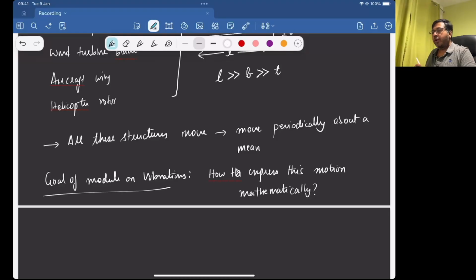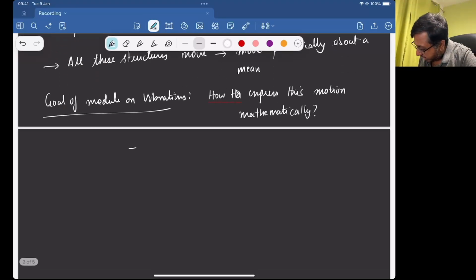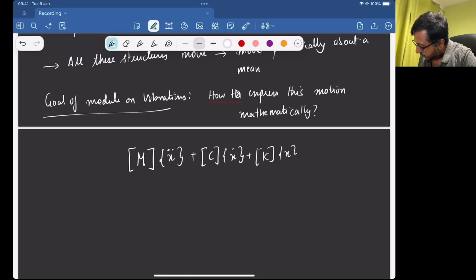For example, we have already established that we can write something like m times x double dot plus c times x dot plus k times x equal to a set of forces.